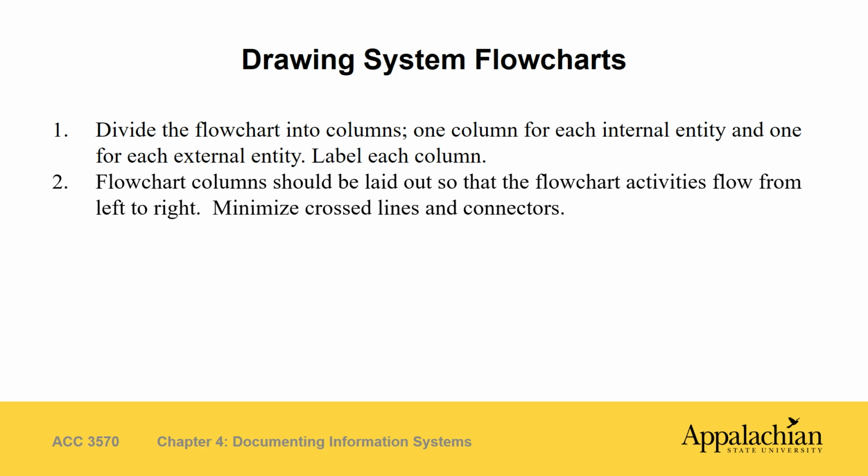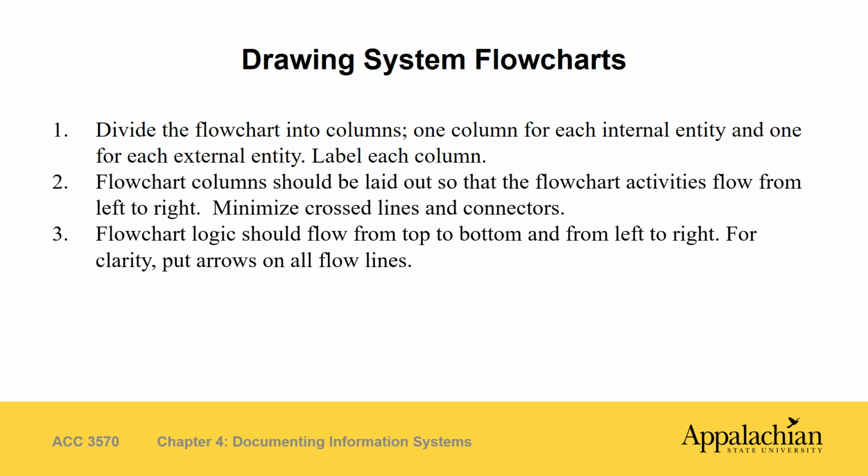And there's another point on that. Flowchart logic should flow from the top to the bottom and from left to right. So this is very similar to what we did with the context diagram, the physical data flow diagram, and also with the logical data flow diagram, where we put the starting external entity on the far top left-hand corner, and then the ending external entity on the far bottom of the right hand.